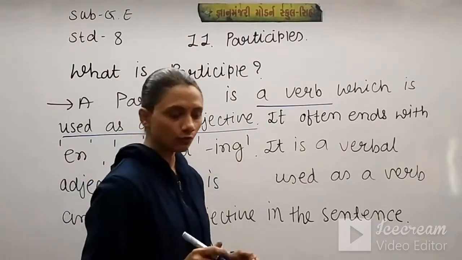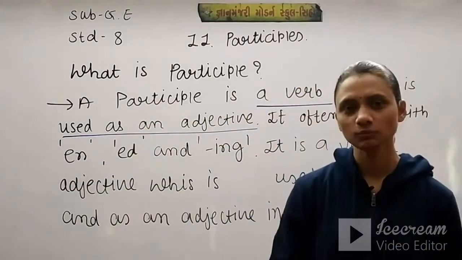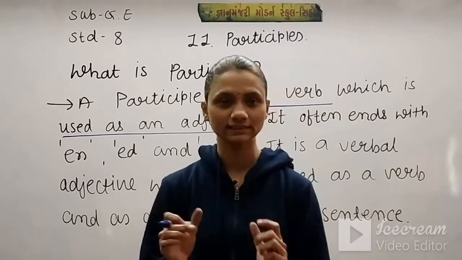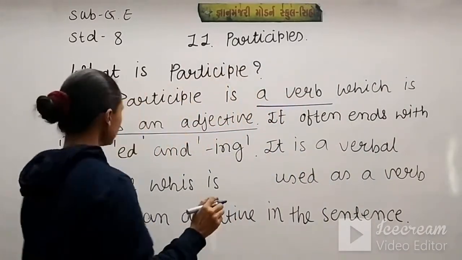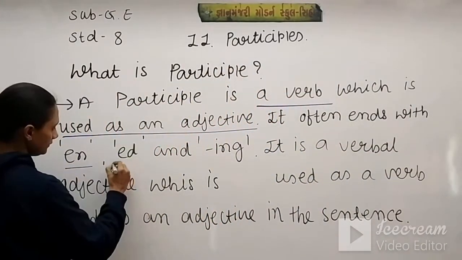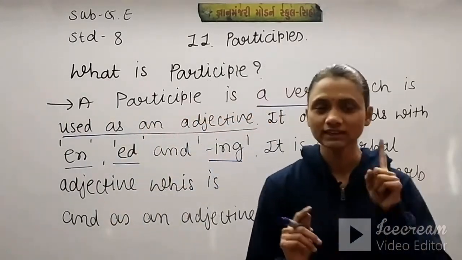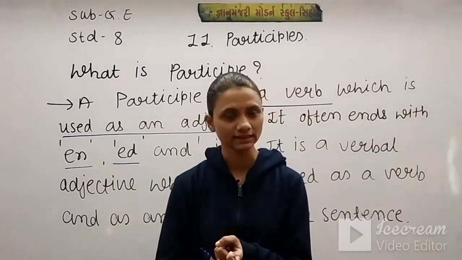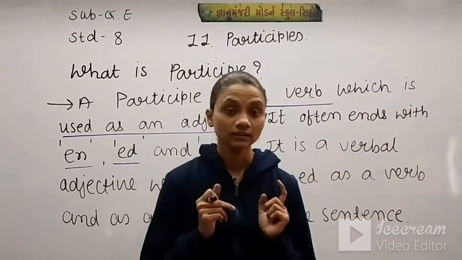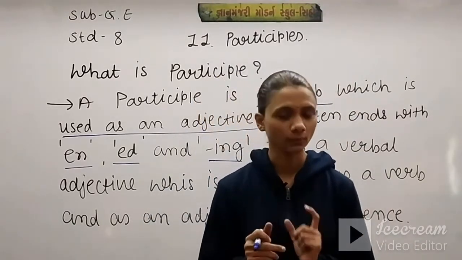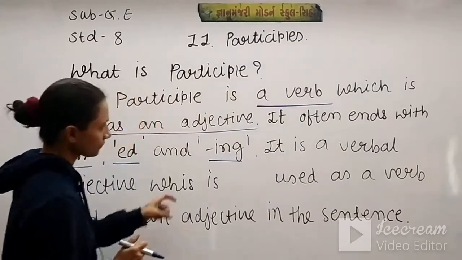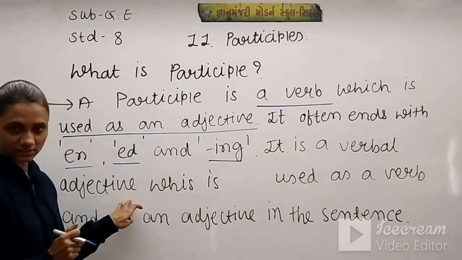So, how to identify participle from the sentence? It ends with en, ed and ing. It means verb with ing, verb with en, verb with ed can be said to be a participle in the sentence. It is a verbal adjective.